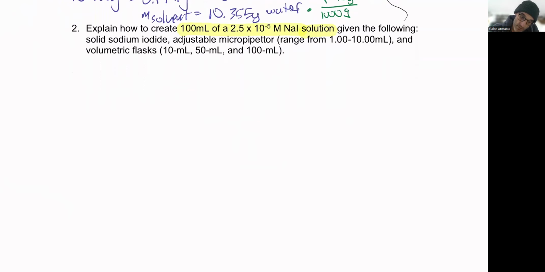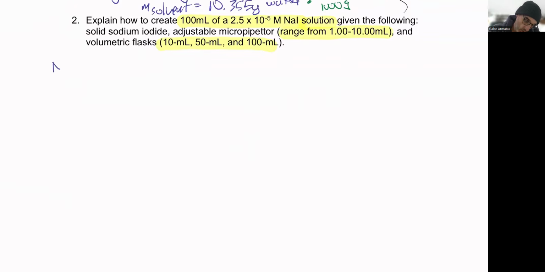We can only measure volumes in a range from 1 to 10 mL, and we have volumetric flasks of 10, 50, and 100 mL. So how do we solve this? First of all, what do we need? Our goal is to achieve 100 mL of a 2.5 times 10 to the negative 5 molar solution.